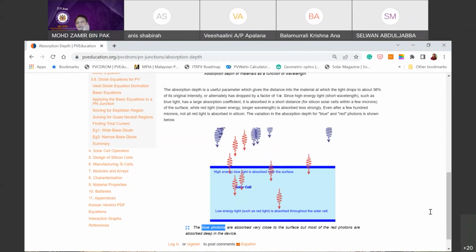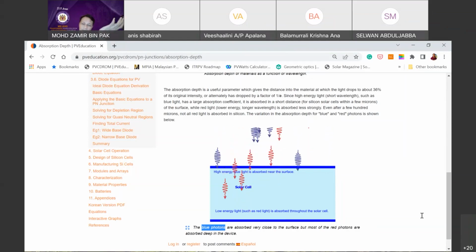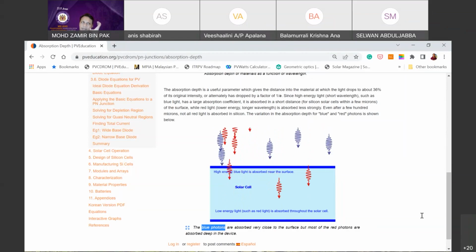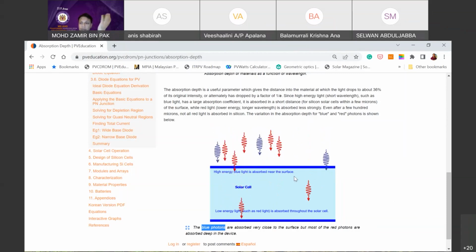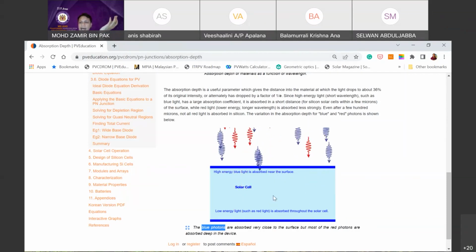You can see, the blue is about, say, 400 nanometer, just the starting point of the visible. If you talk about UV photon, then you're talking about below 500 nanometer. So those will be blue photons, absorbed right at the surface. On the other hand, red is absorbed at the back. If you're saying a red is like 800 nanometer, for example, or perhaps more than that, then they will only be absorbed at the back.